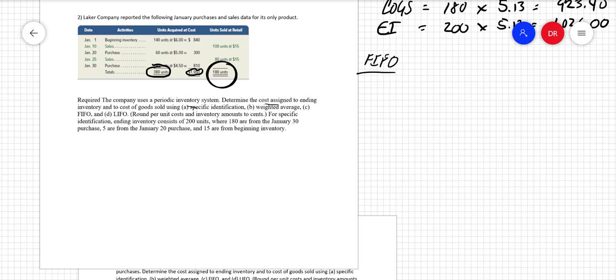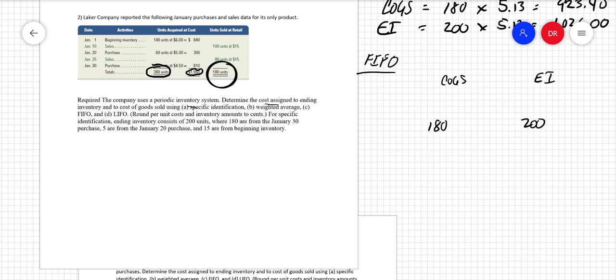So what we want to begin with here is saying, okay, we know how many units we sold. So we have cost of goods sold here. And the total units we sold were 180. That means ending inventory has 200 units left.